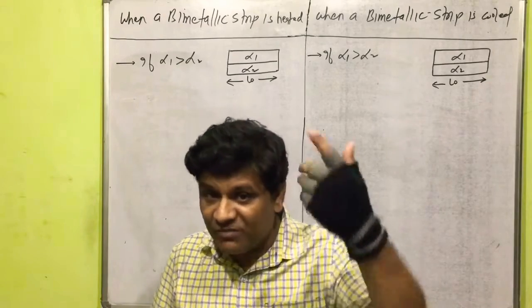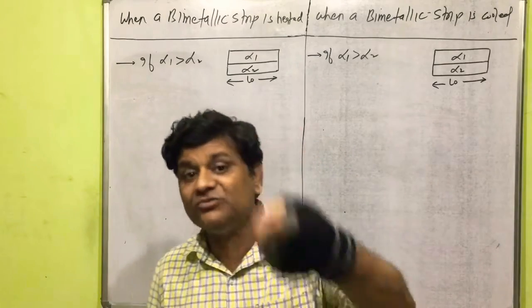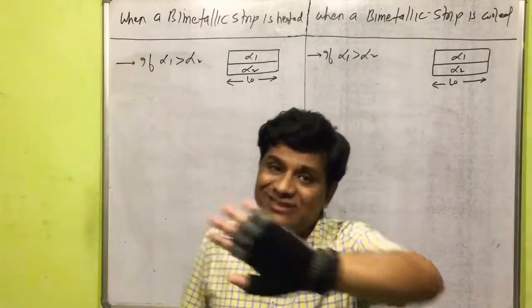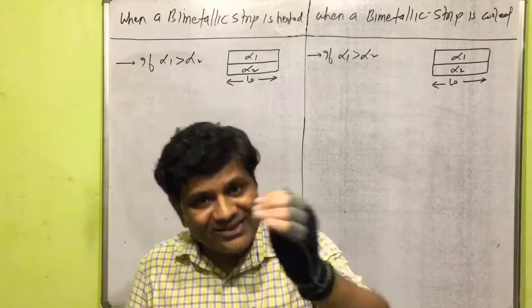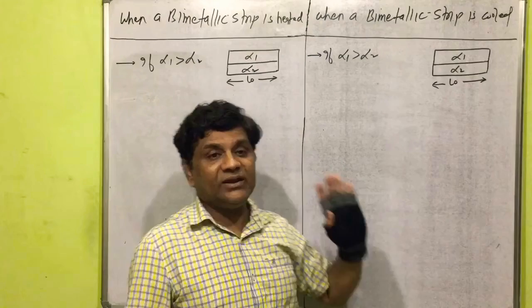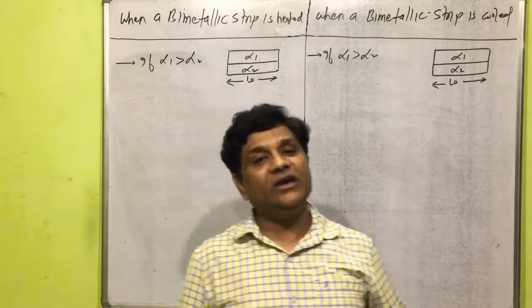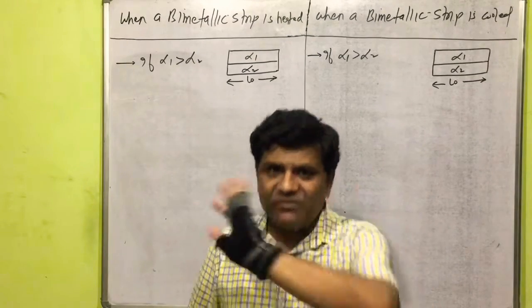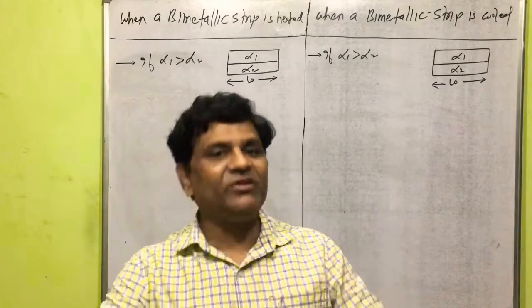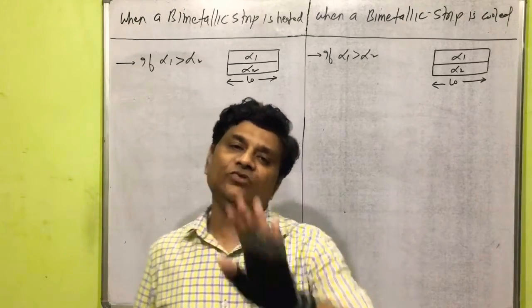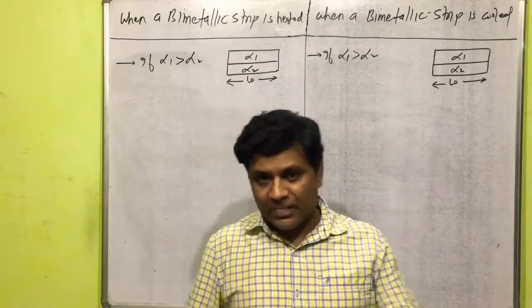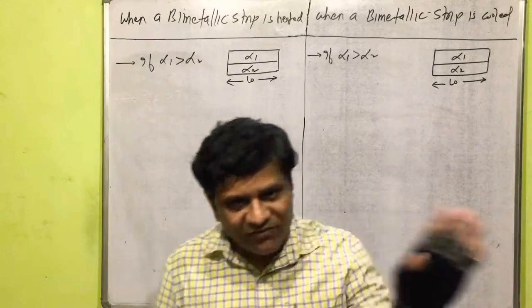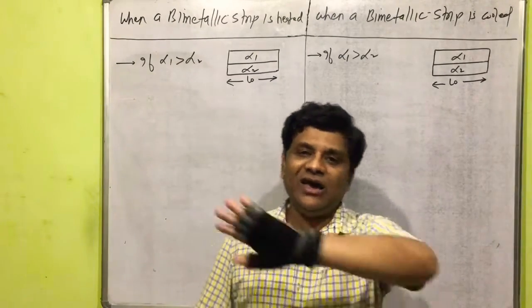The statement which we want to discuss in class related to the bimetallic strip will not change. Either we take alpha 1 greater than alpha 2 or alpha 2 greater than alpha 1. But it must be clear here, alpha 1 will not be equal to alpha 2.